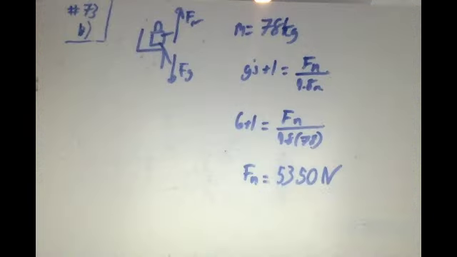For part B, we have to find the effective weight of a 78 kilogram pilot when he is at the bottom of the circle. This is pretty simple because we just use the equation that we used before in the last part, where g's plus 1 is going to equal the normal force divided by 9.8m. The normal force is his relative weight.